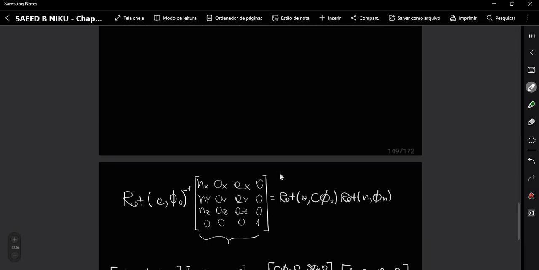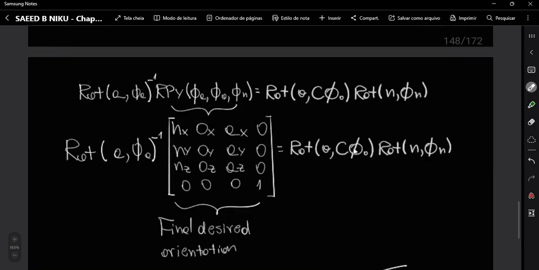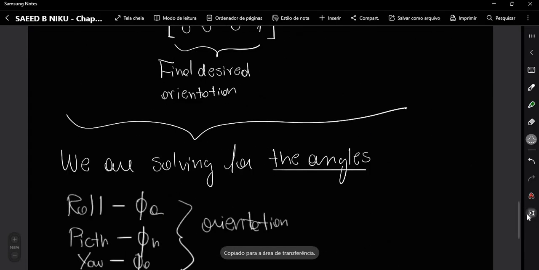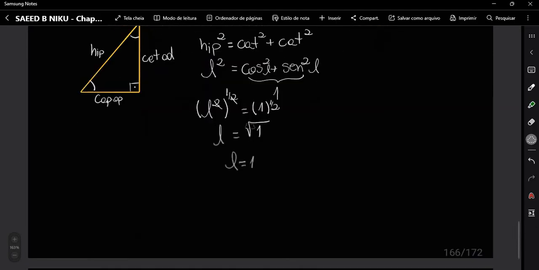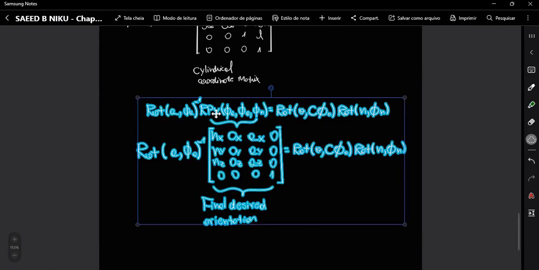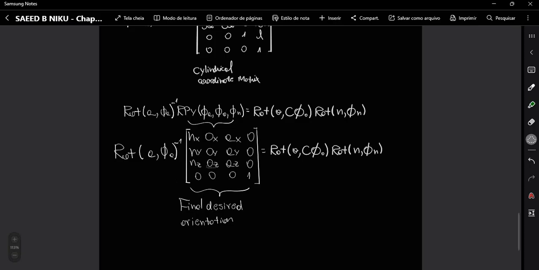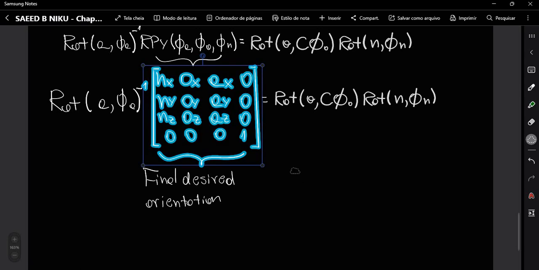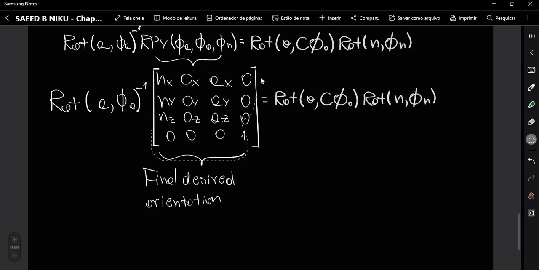We will do the same process. So now let's see, the final desired orientation is in the cylindrical coordinate system.